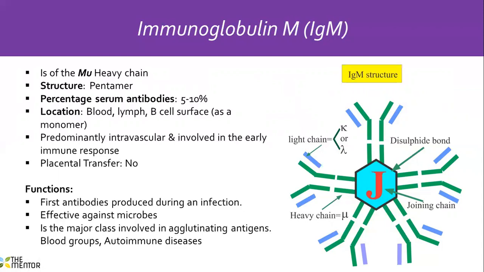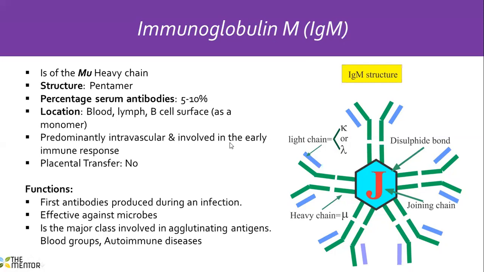IgM can be found on the B cell surface as a single Y-shaped monomer. But once it gets to the serum, blood, or lymph, it becomes a pentamer. It is predominantly intravascular, and it is involved in the early immune response.